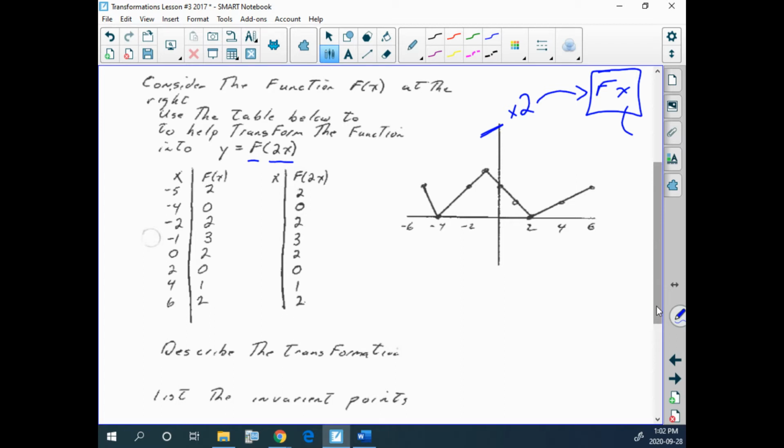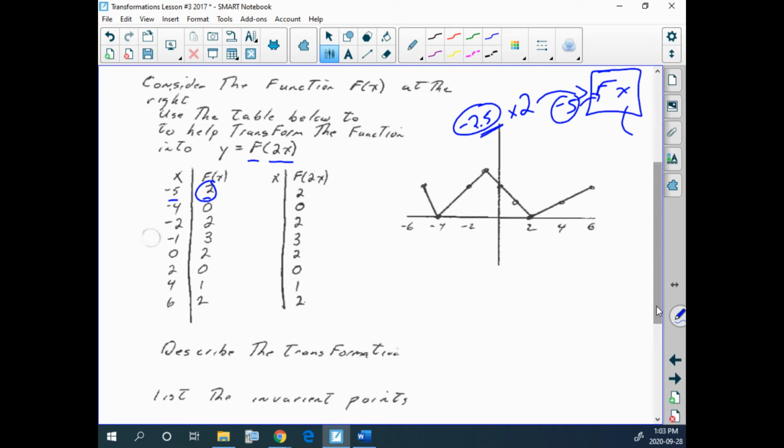So the machine takes -5 and gives us 2, takes -4 and gives us 0, and so forth. To get the same output of 2, I need to plug -5 into this machine. Well, to get that, I only need -2.5 as my input number. -2.5 times 2 gives me my -5, which is then fed into the function.